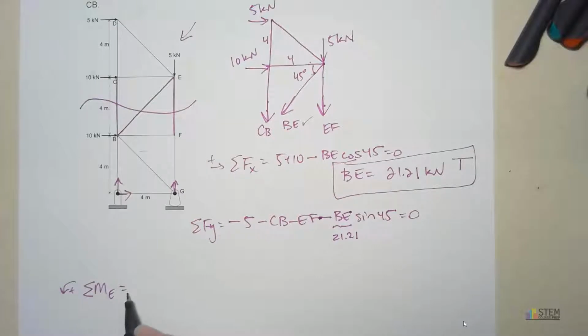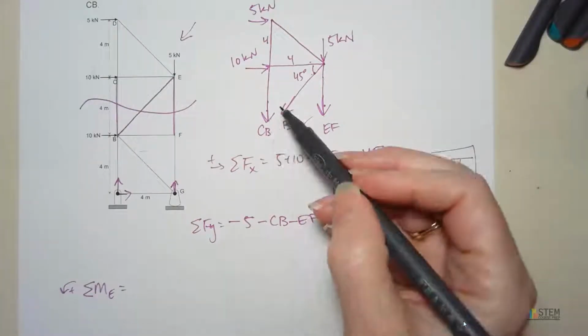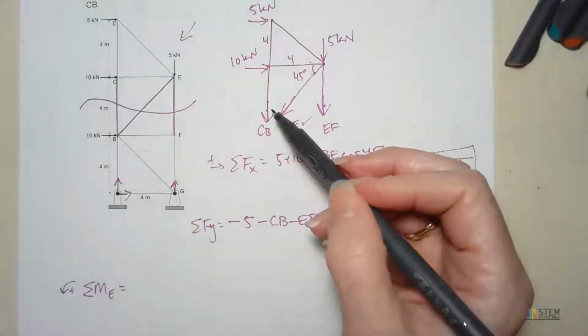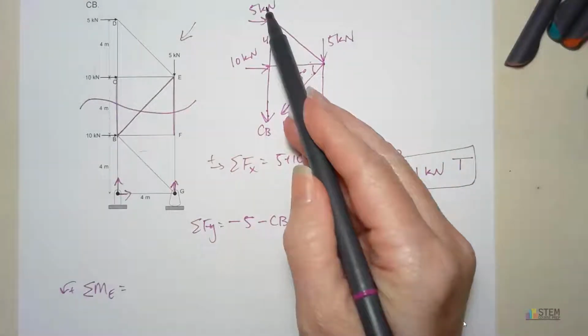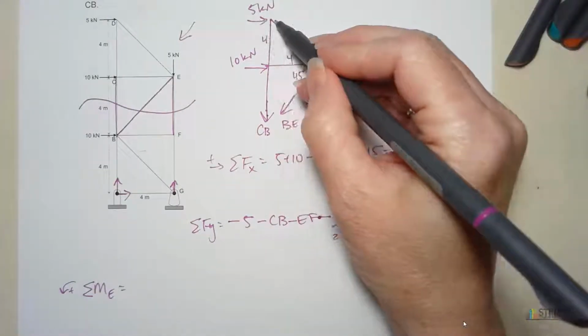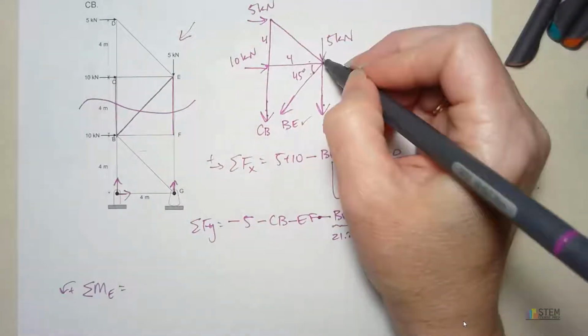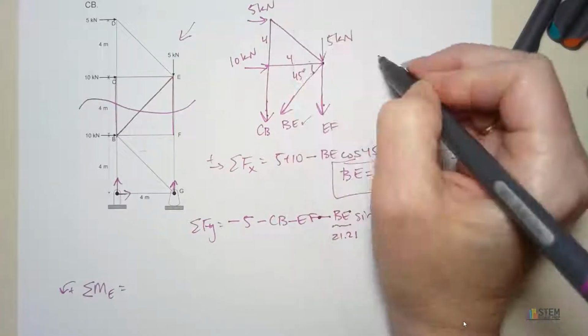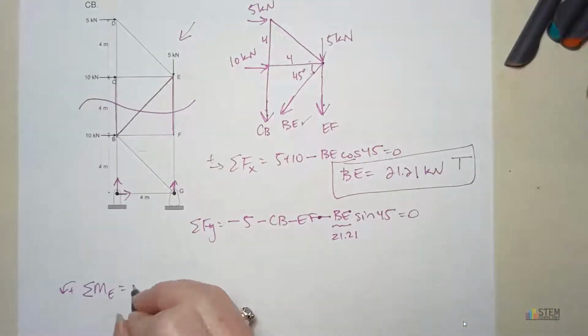So now with E as our reference point, we only basically need to find two moments. We have a moment due to this and then this. That's it. Let's start with the 5 kilonewton force. That one is pointing to the right. So if we're looking at this point, that's going to be a clockwise rotation, which is negative.